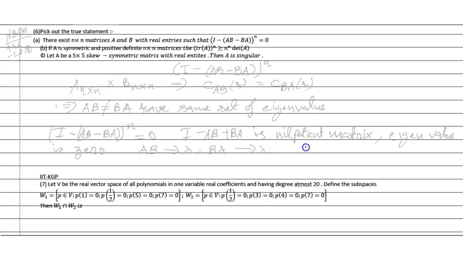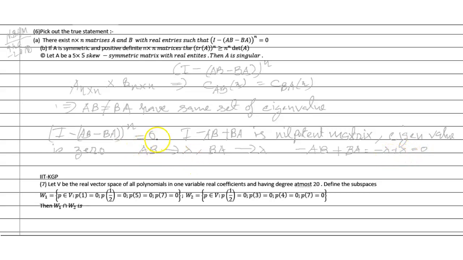So minus AB plus BA equals minus lambda plus lambda equals 0.